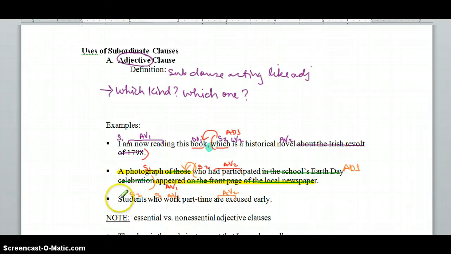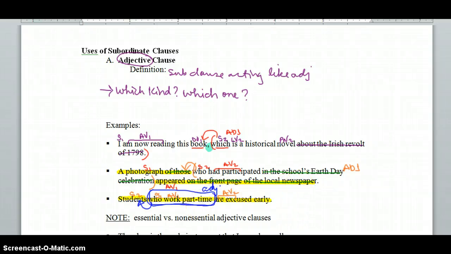And when are they excused? They're excused early. All of that goes together as my independent, which means who work part-time is telling me more about which students. That makes it a subordinate adjective clause.